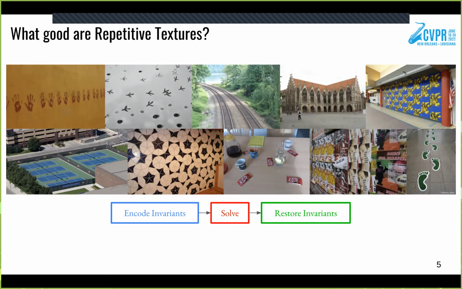So if you have a pattern in the scene, a repetitive coplanar texture, then you know that depending on the pattern type, certain invariants must hold. And then you estimate the geometry necessary to restore those invariants. So that's the first step: to write down the equations and encode the invariants in a clever way. The second step, of course, is minimal solving, or it doesn't have to be minimal, but we do it for combinatoric sake. So you solve and recover the geometry needed to restore those invariants. And then you have it. You have the geometry, you've restored the invariants, and you've removed some ambiguity from the imaging process.